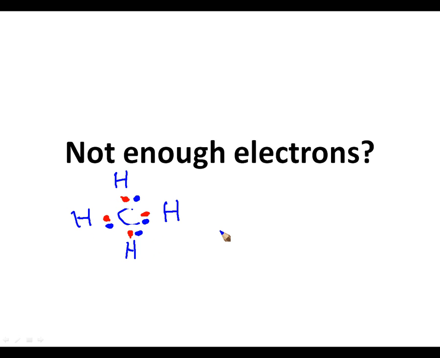So what happens if you've got an atom who needs a few extra electrons? So for instance, one of the examples we'll look at is that oxygen can bond together with another oxygen to make oxygen molecules, O2 molecules.